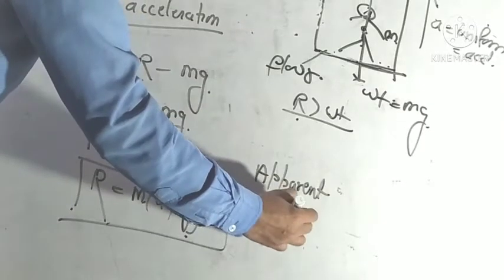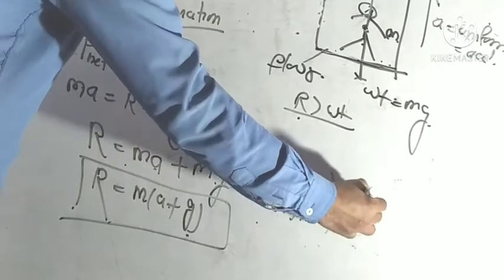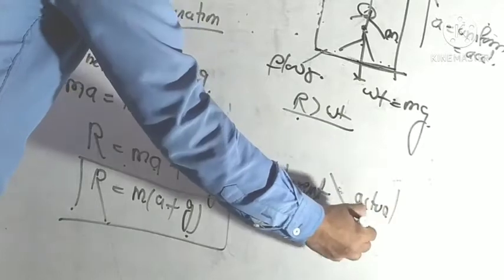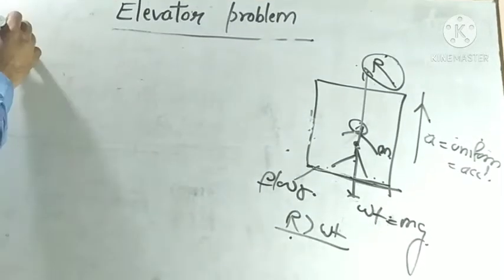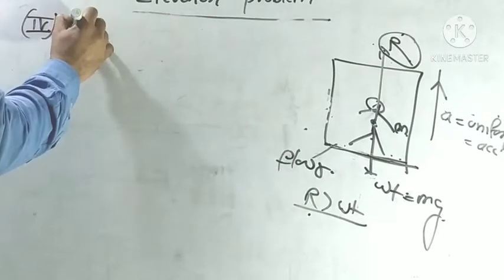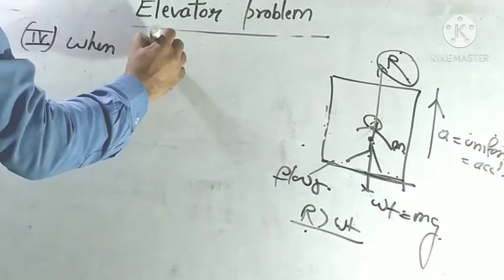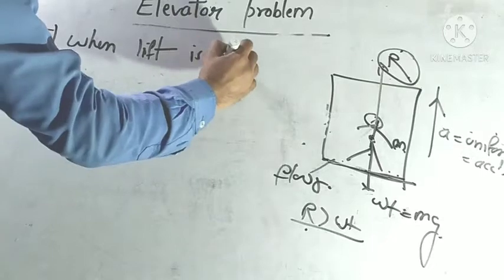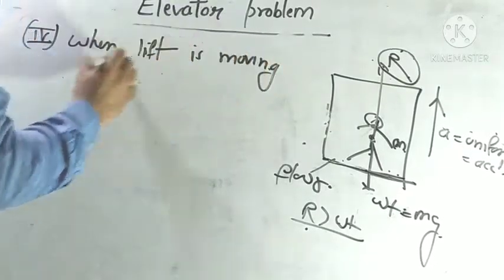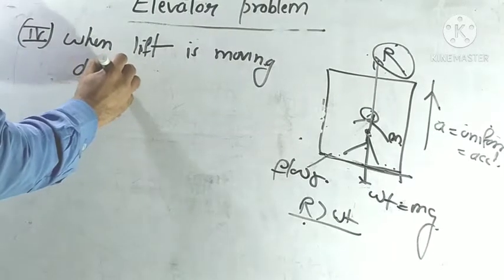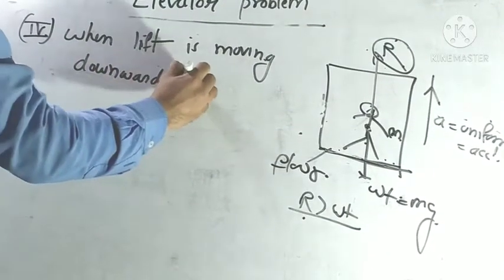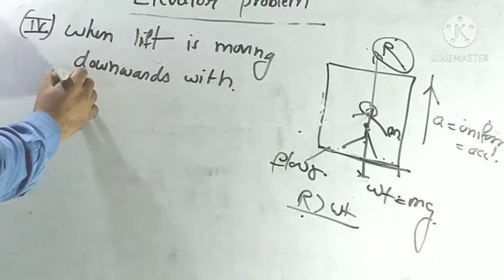Apparent weight greater than actual weight. Case number 4: when the lift is moving downward with uniform acceleration.